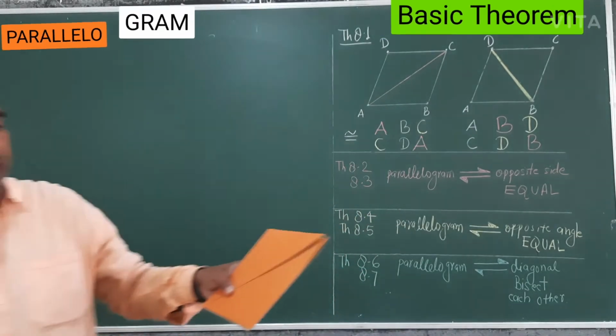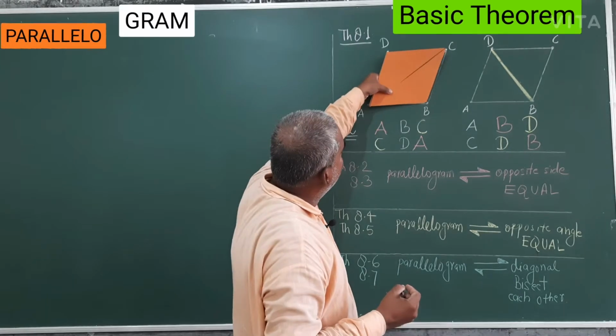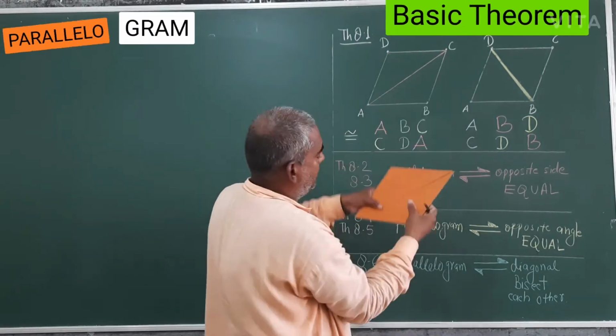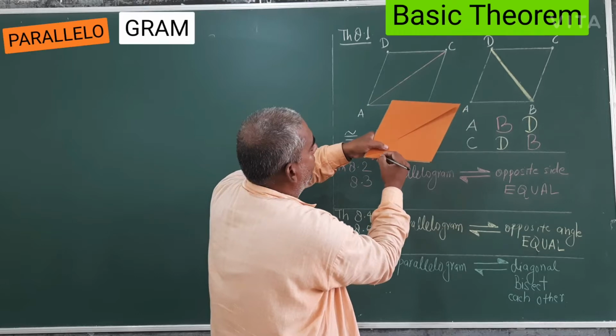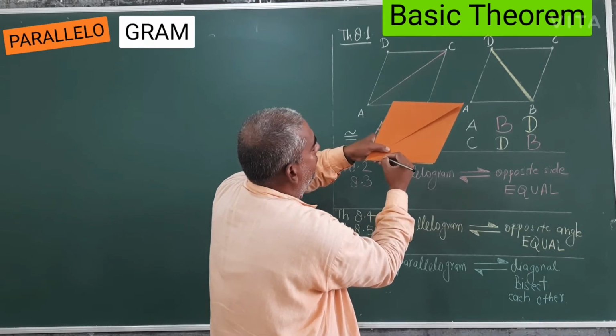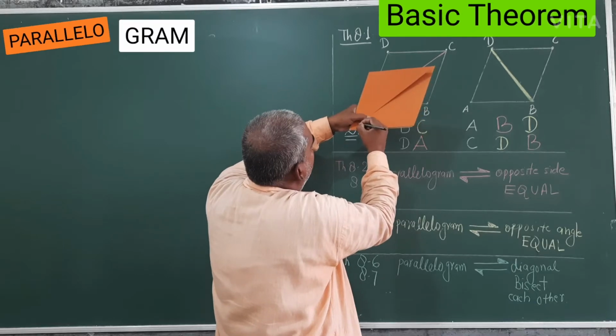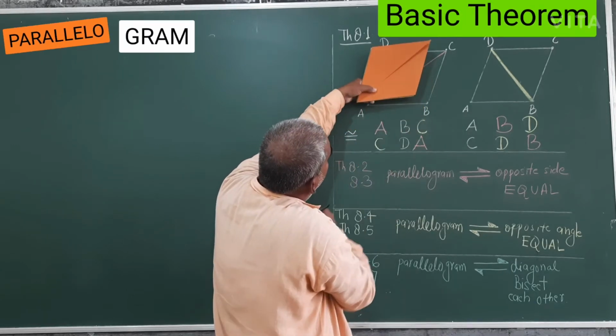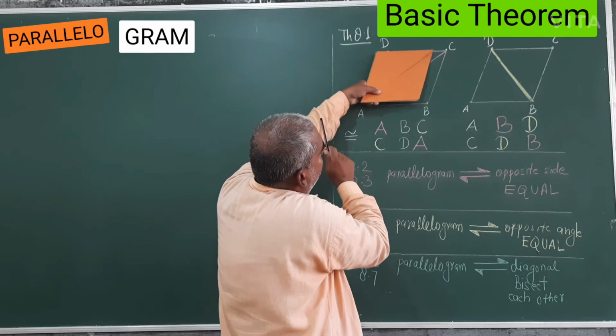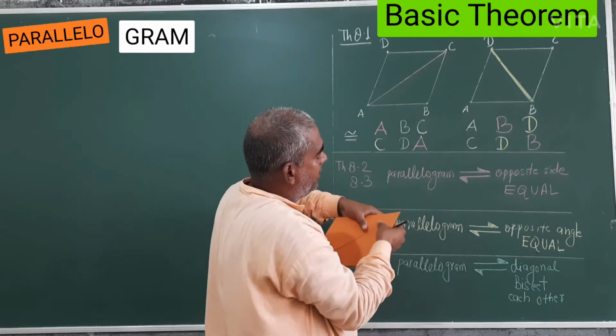Let me take this pencil. If I write A here, I think it will not be visible to you. This is A, the whole corner A. So A has been divided in two parts, and C has been divided in two parts.